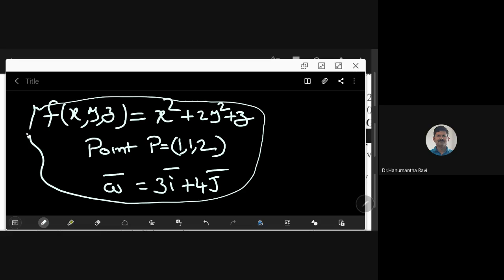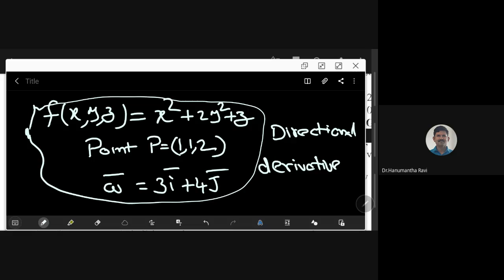We need to find the directional derivative here. So what is the directional derivative? Of f along A bar at the point P. That is the meaning here.